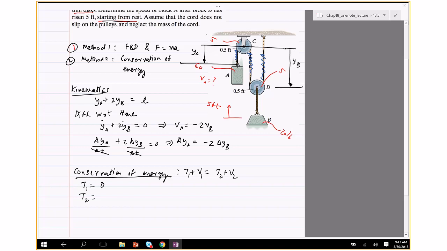There is A, there's B, there's C and D. All those things have masses, so we have to include the contribution due to all of those. A is a particle, so the energy of A is going to be half mA vA squared. B is a particle, so half mB vB squared.